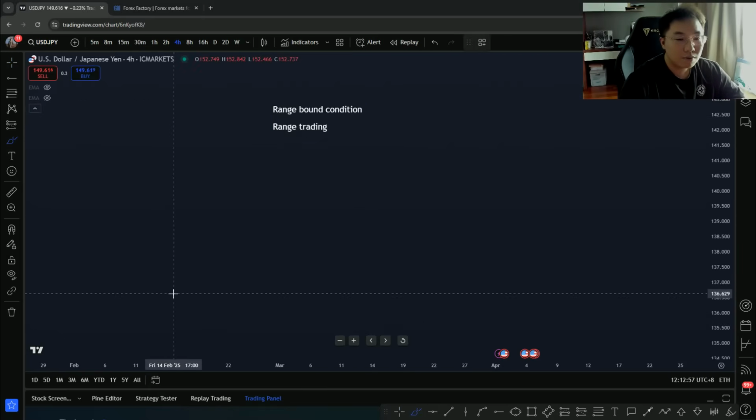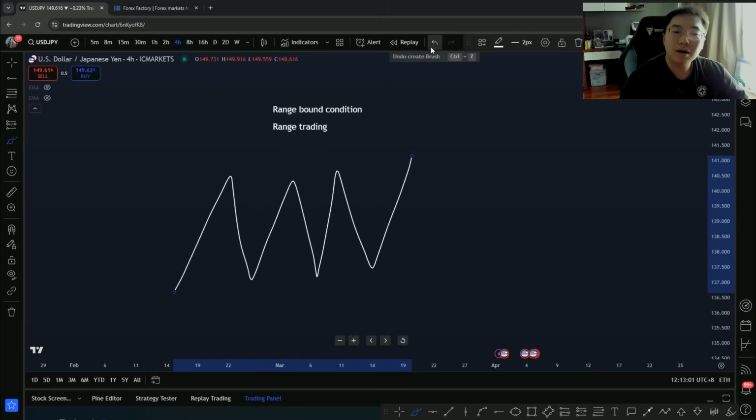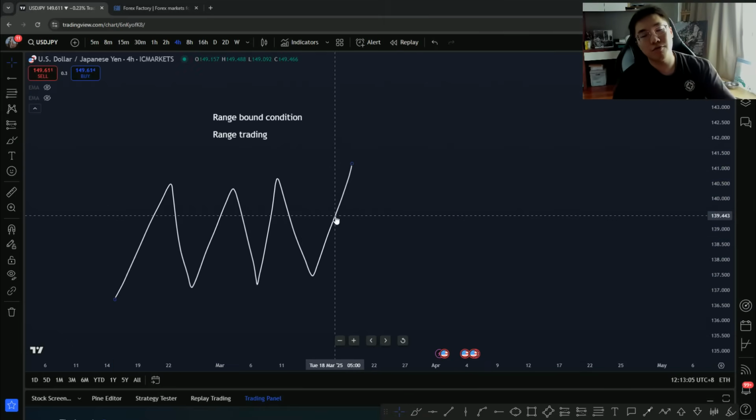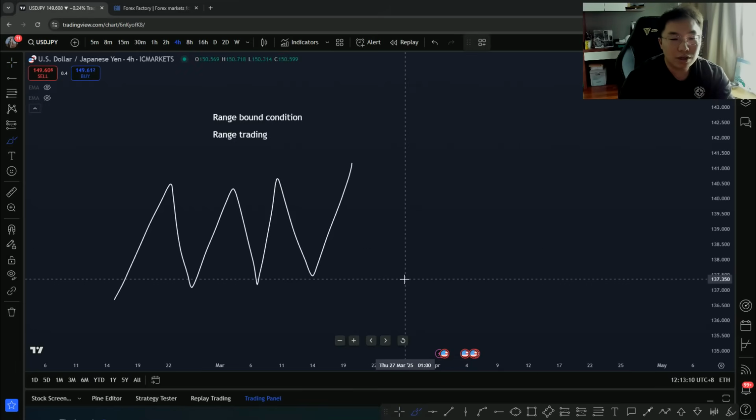So a common one will be this. Textbook range will be this, but in reality, a real range will have plenty of fake outs, plenty of confusion in between. When you're trading a live range, this is what you're likely to see.